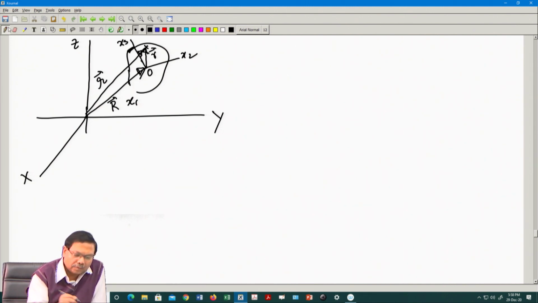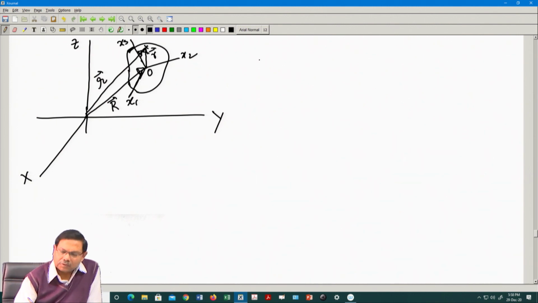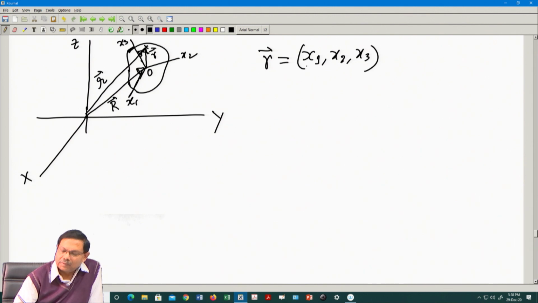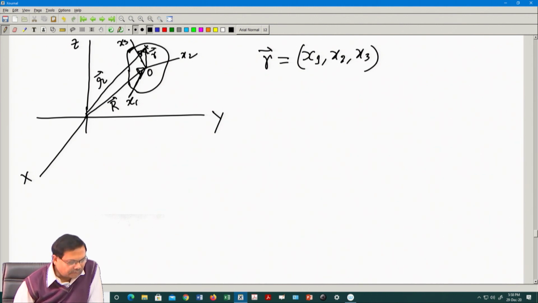So, this is the new x1 axis. This r is with respect to the moving frame of reference, a coordinate system that has its origin at the center of mass.